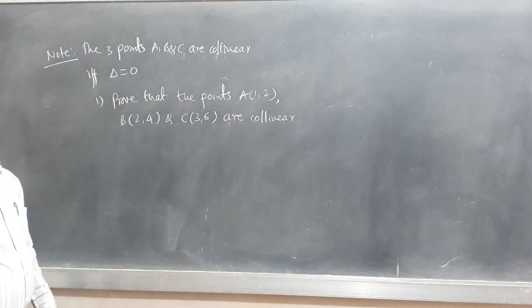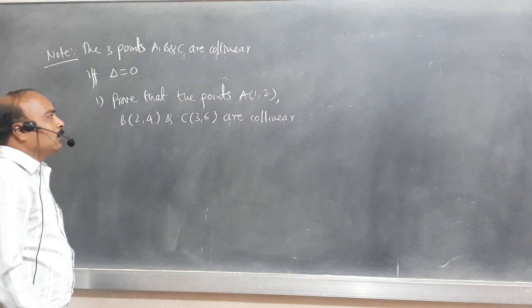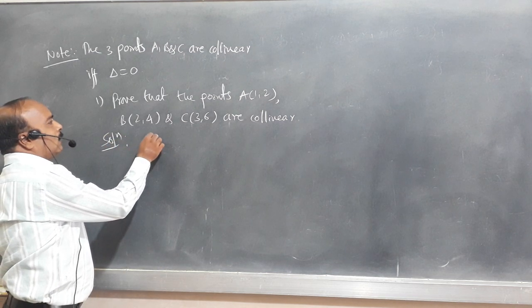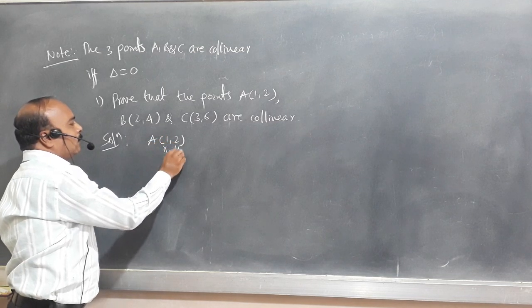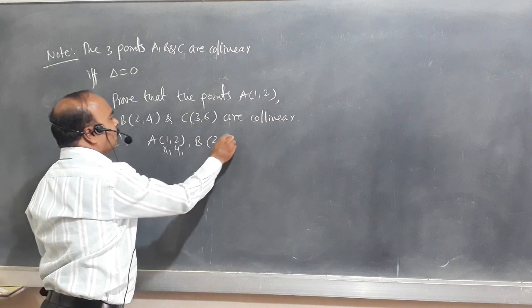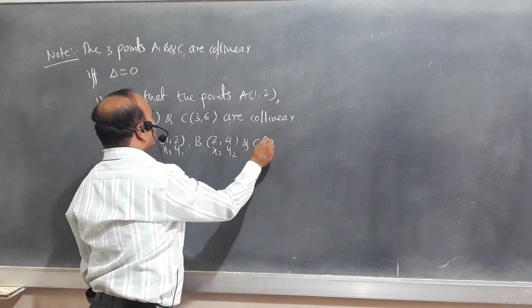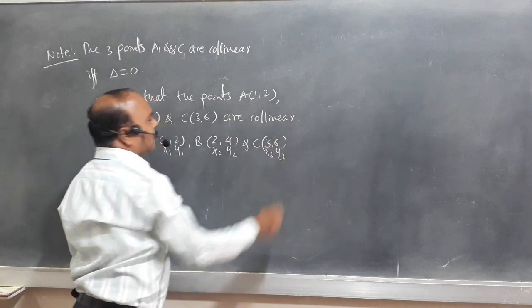Since we are asked to prove it is collinear, we can show that the area of the triangle is equal to 0. How can you solve this? Here the 3 given points are A(1, 2), which is x1, y1, B(2, 4), which is x2, y2, and C(3, 6), which is x3, y3.